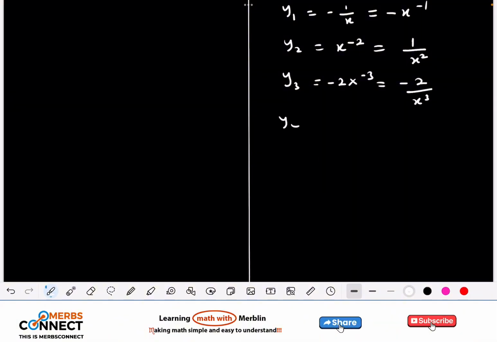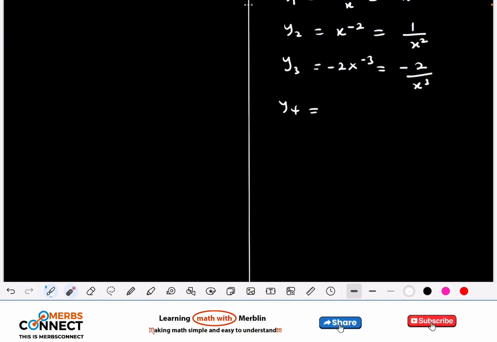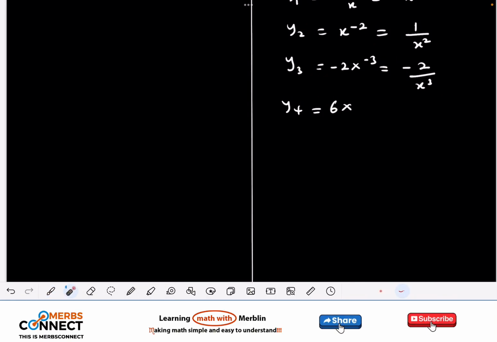What will be y4? Some of the functions, you need to differentiate like 6 times, 5 times before you can even see the pattern, right? Then this one, minus 3 will come and multiply minus 2, giving us 6. Then I'll subtract 1 from here.